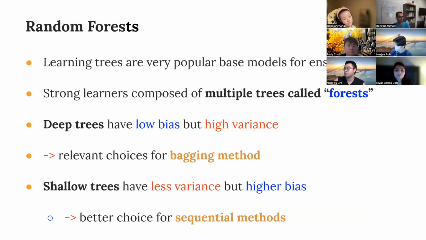How do you create a decision tree that is high variance? You go deep. Deep decision trees are overfit. They have low bias, but they have high variance. And they are good choices for bagging methods, hence the random forest.